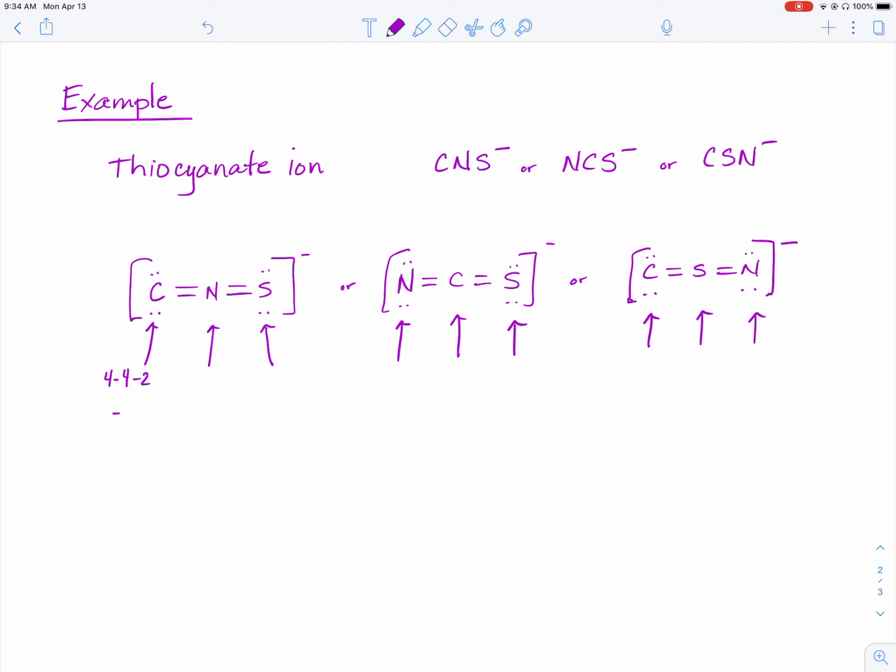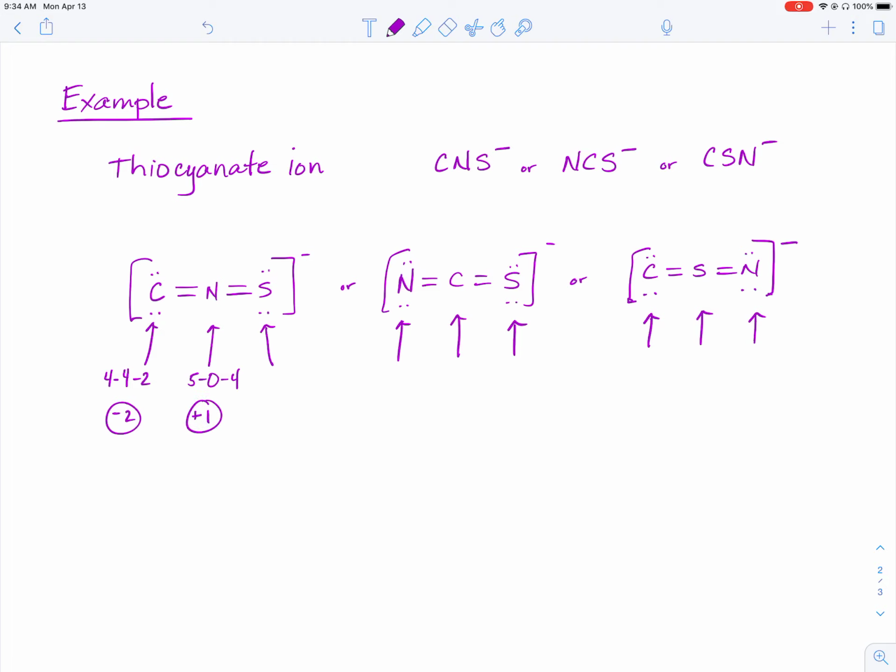So it's going to give you a value of -2. So now nitrogen is 5, that's its valence, minus 0, there's no lone pairs on nitrogen, and then minus 4. I'm sorry, that should be minus 4 here. So that's going to give you a +1.